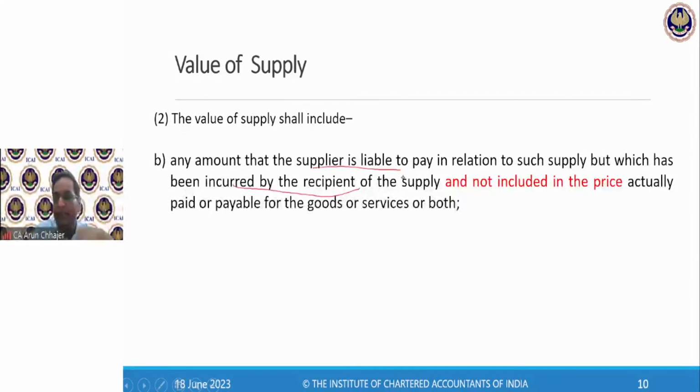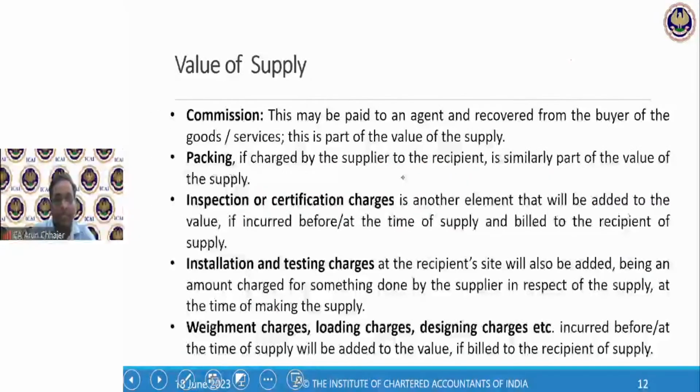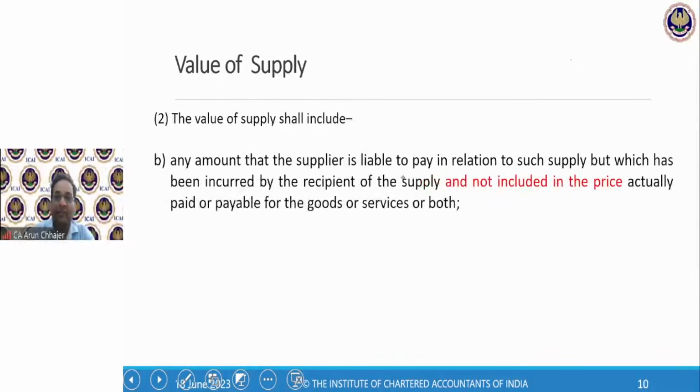Incurred by the recipient and not included in the price. Then it will be added in the value and GST needs to be charged on the entire value.